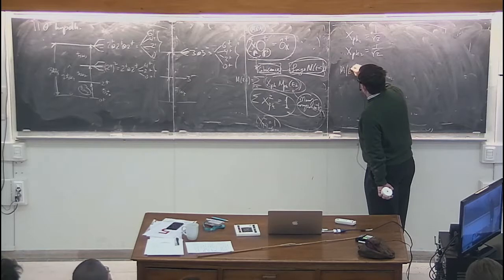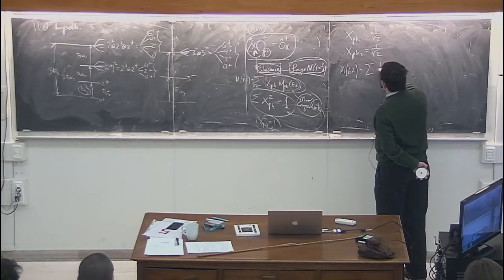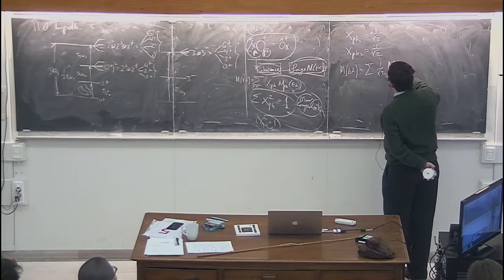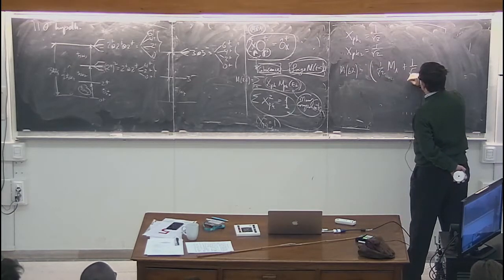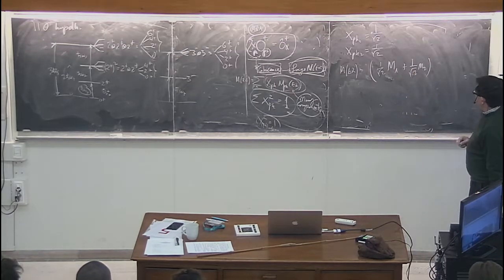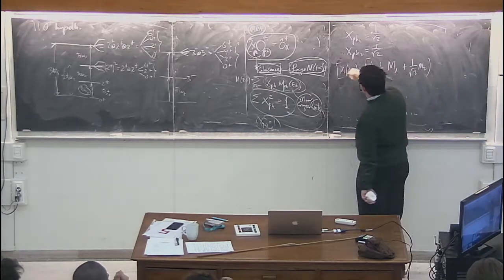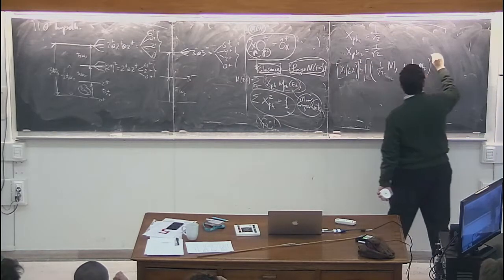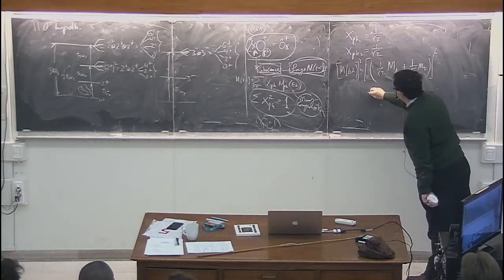And remember that the BE2 is the square of this number. So in this case, if you make the counts, which are rather easy, you obtain 1/2 of (M1 plus M2) squared.